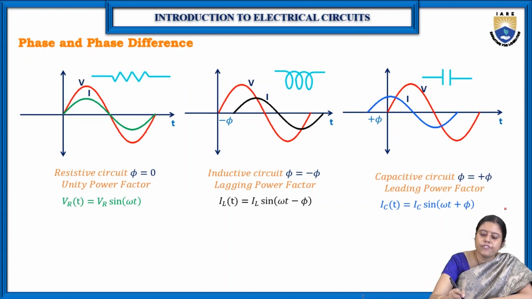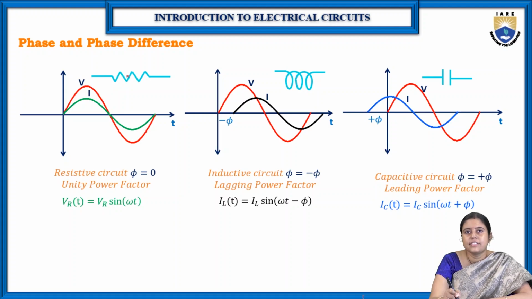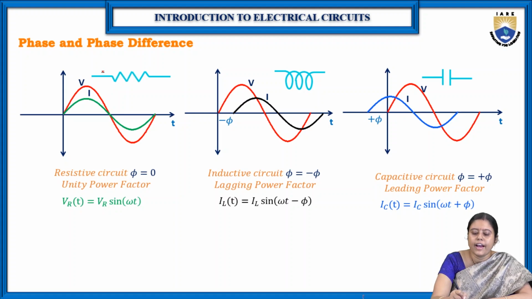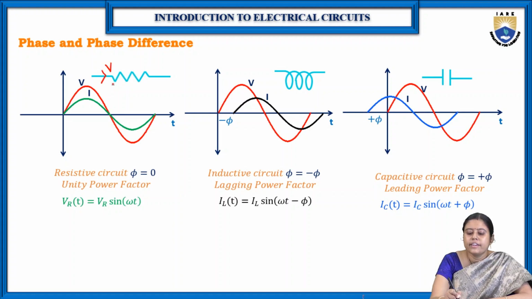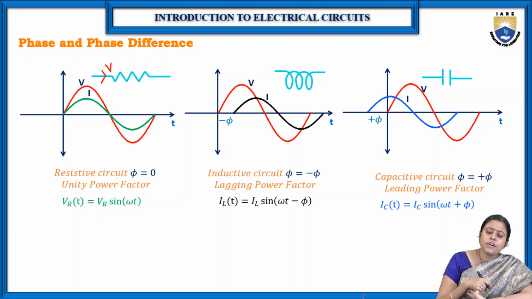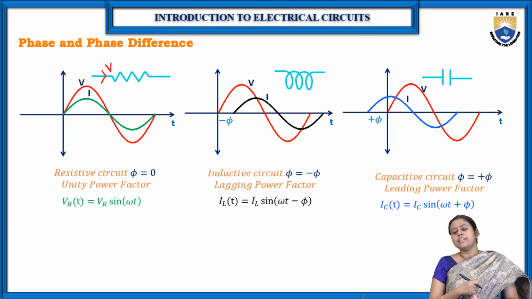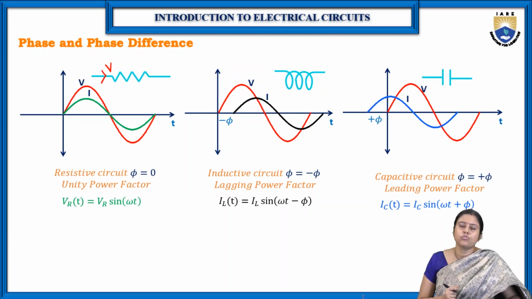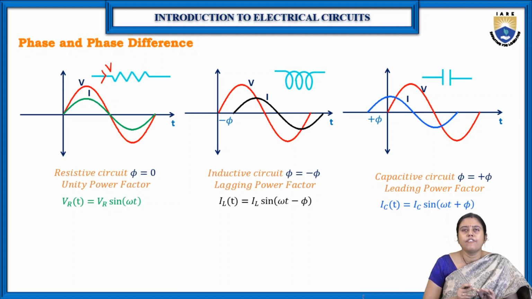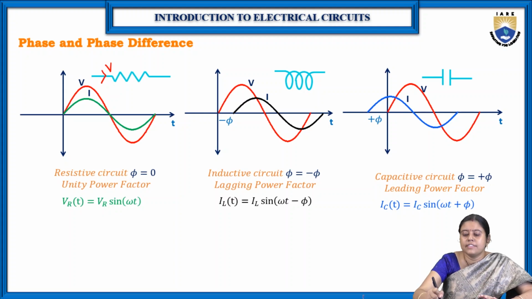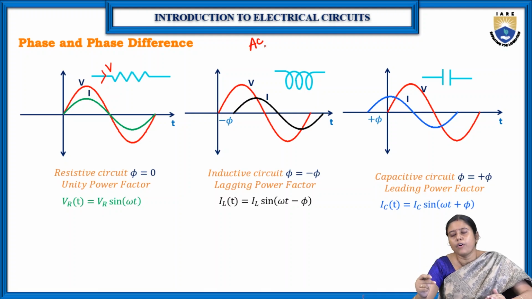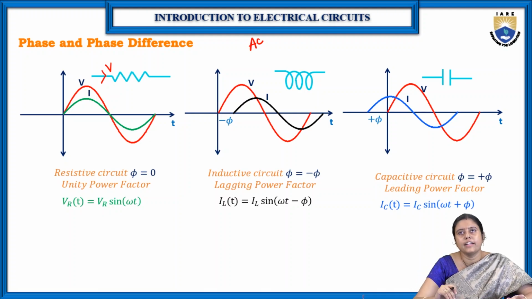Now when current flows through a resistor, what will happen? We are discussing the AC, alternating current, because it has positive and negative values and is alternating in nature. We are not concentrating on the DC.